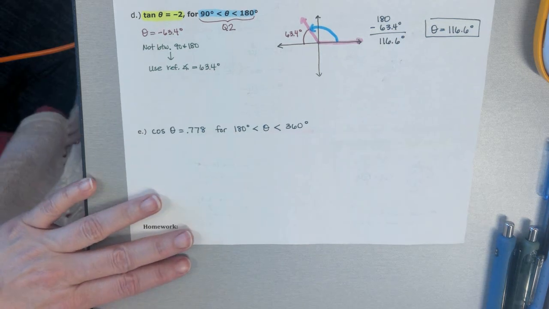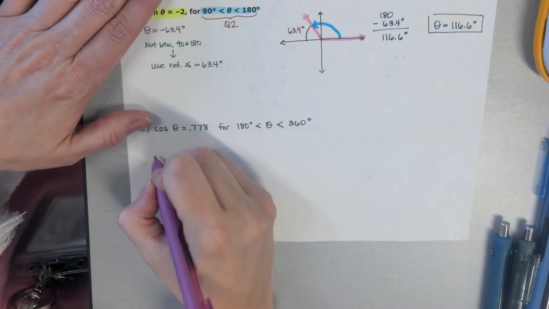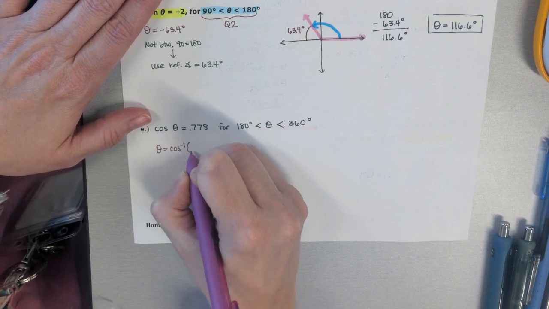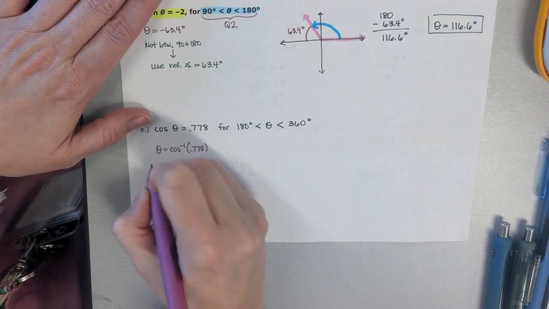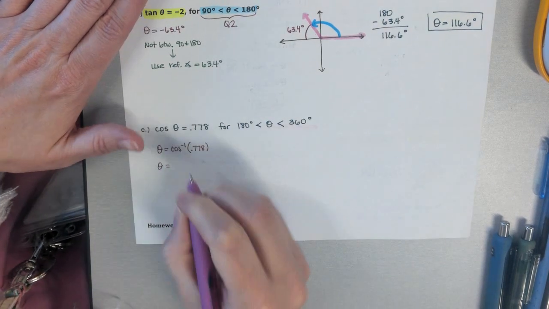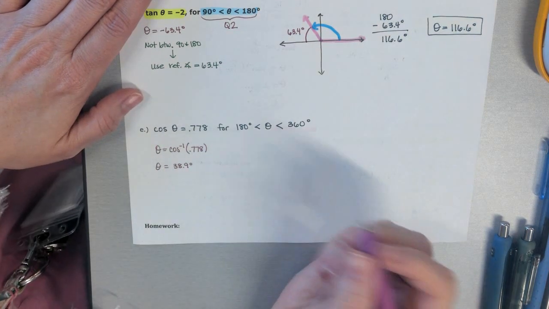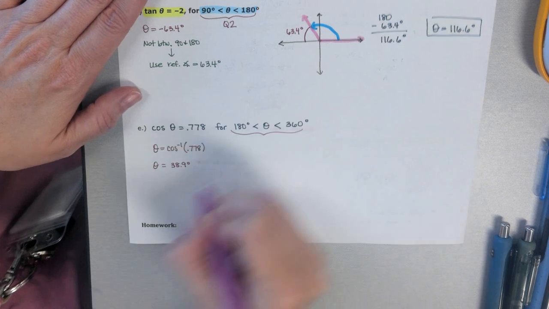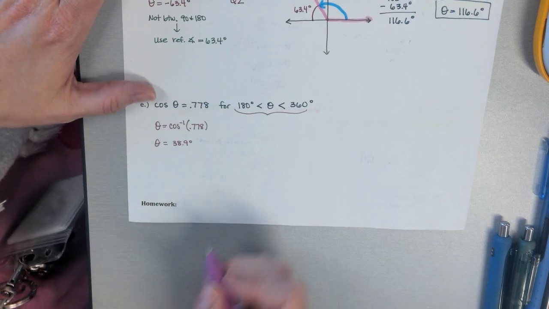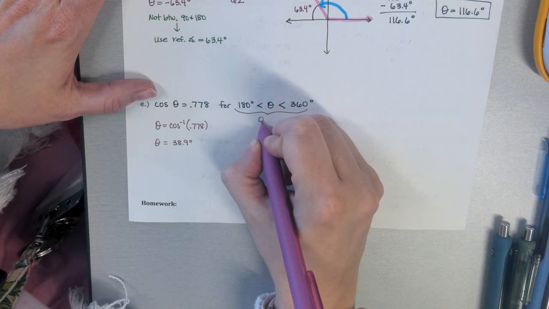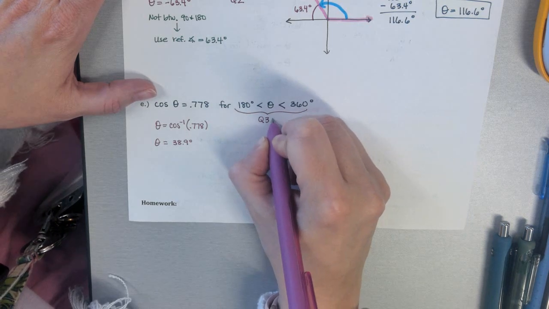So I feel like we're doing a really great job of finding our theta value. So the cosine inverse, what did that give you for theta rounded to the nearest 10th? Yes, 38.9 degrees. Okay, now remember, this is going to tell you what quadrants are your options. So 180 to 360 entails what two quadrants? Okay, good.